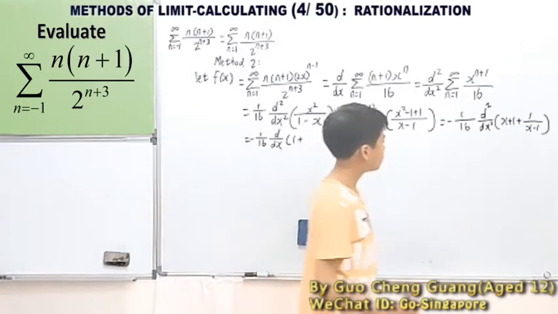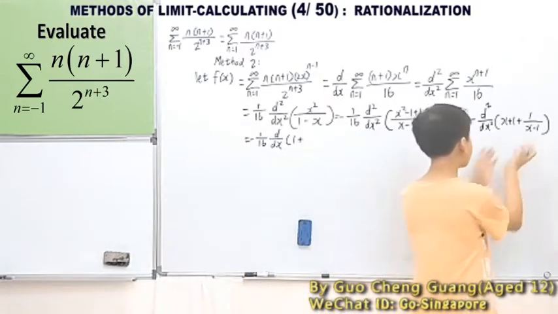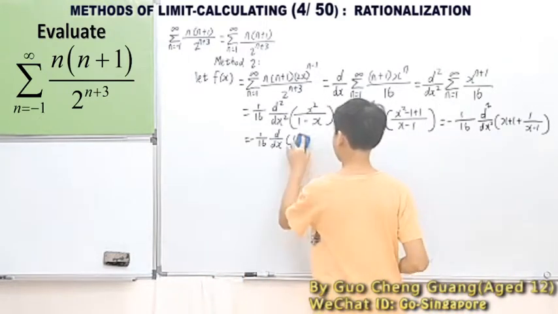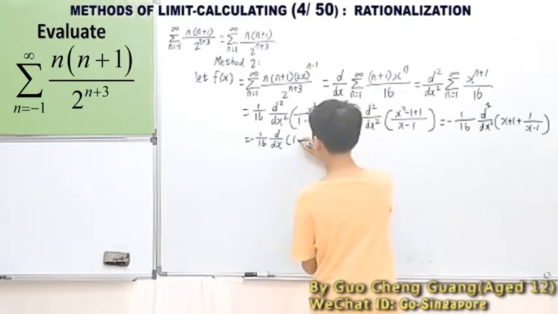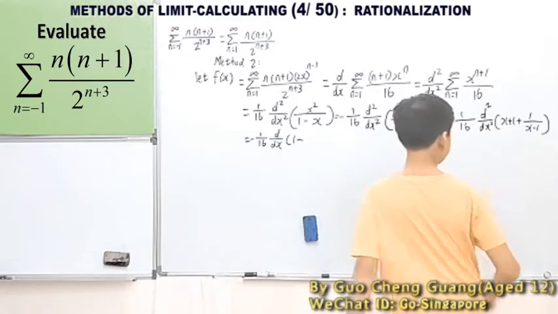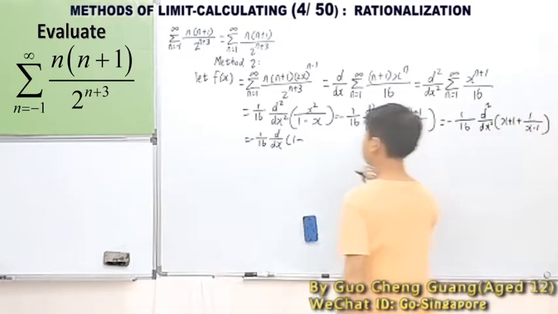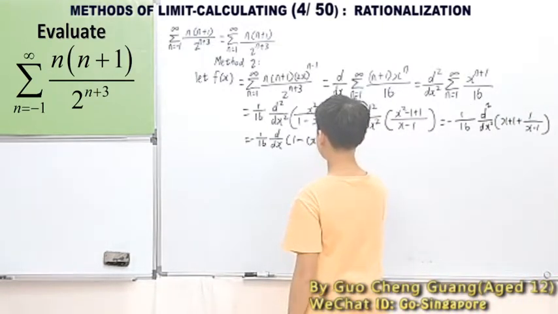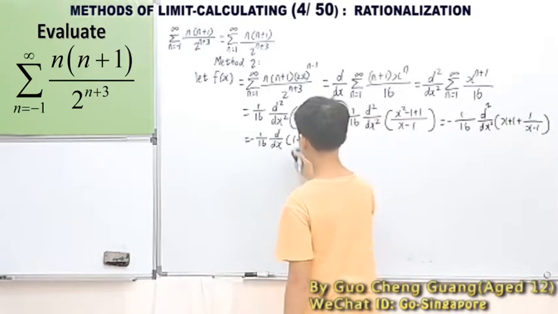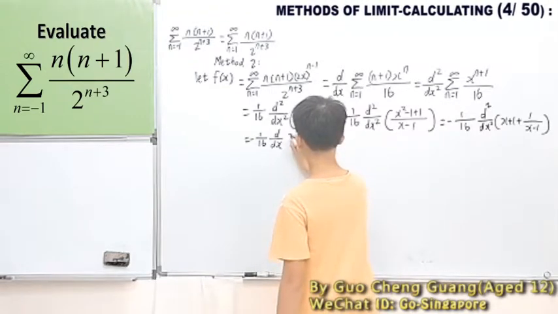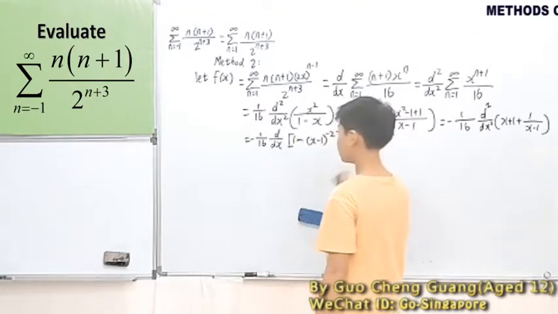At this part, to the power of negative 1. But this is no negative. It is not a negative. So we'll give it a negative. So what happens here? X minus 1, negative 2. Is it right?